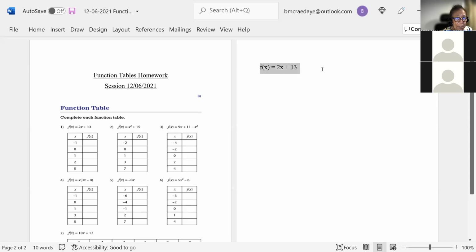So let's just copy this. This will become, wherever we see x, -1, so the input is -1. All right. And this x would be -1.